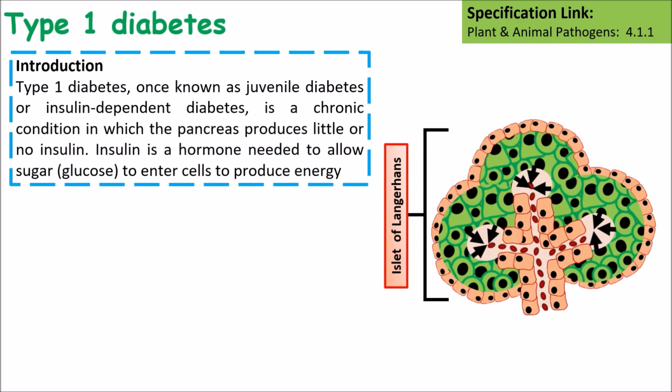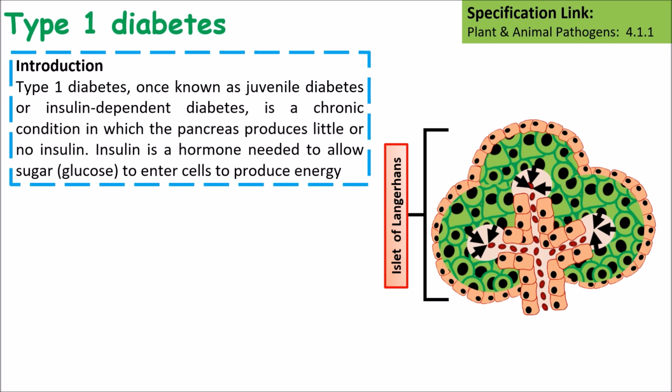Type 1 diabetes, once known as juvenile diabetes or insulin dependent diabetes, is a chronic condition in which the pancreas produces little or no insulin. Insulin is the hormone that you need to convert sugar in the blood into glycogen that is stored in the liver.